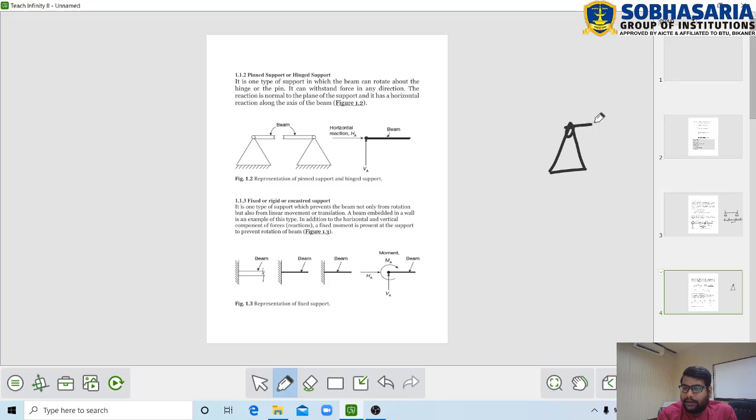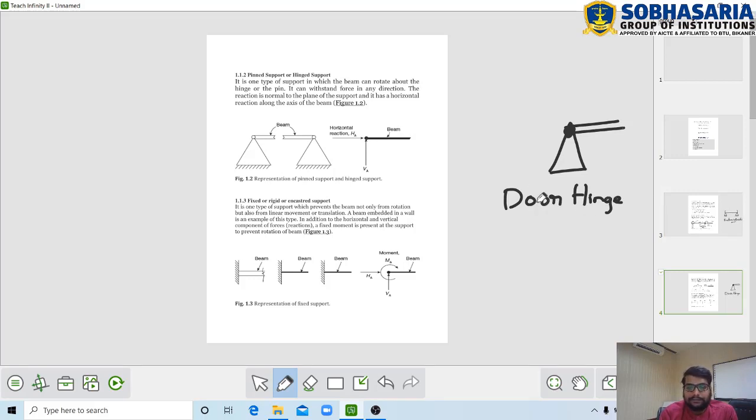Like you can see in any truss element where it is connected to the support. So that is a hinge point. A good example for a hinge is a door hinge, the hinge which is used in doors to connect with the frame.